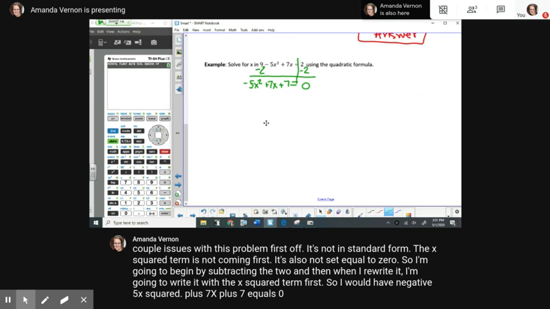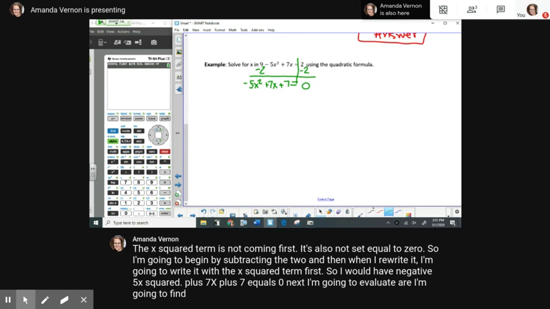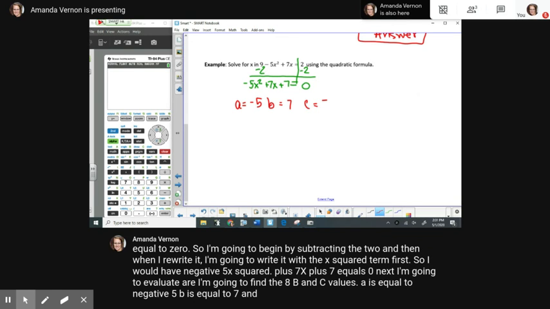Next, I'm going to find the a, b, and c values. A is equal to -5, B is equal to 7, and C is equal to 7.